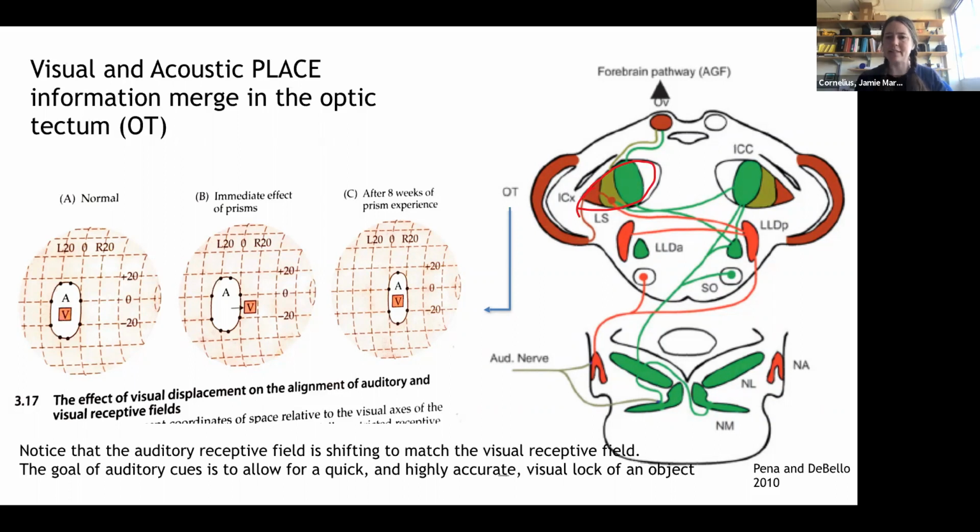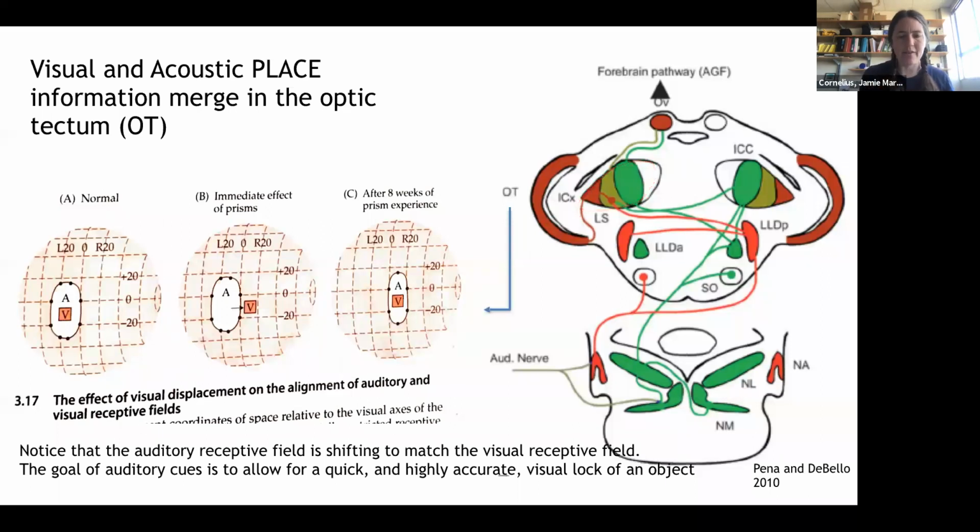And then the ICX, the ICC in general, are sending projections to the optic tectum. This is where there's an overlap between the acoustic map created by the ICX and a visual map created in visual processing centers, and they're overlaid so that they match normally anyway.